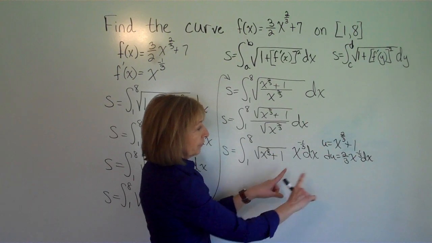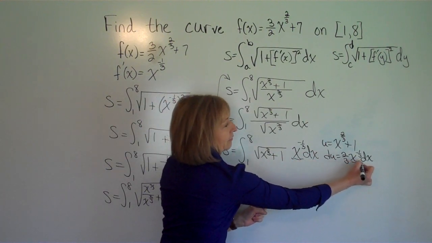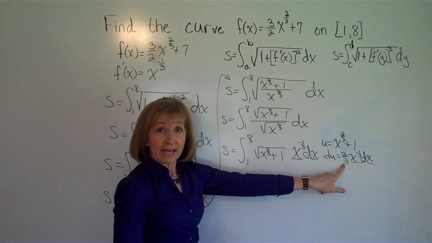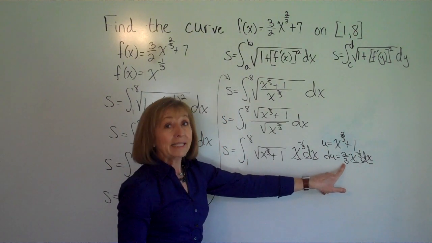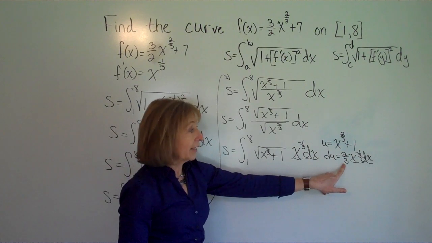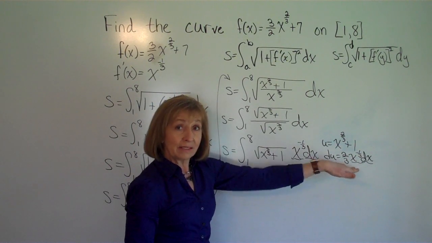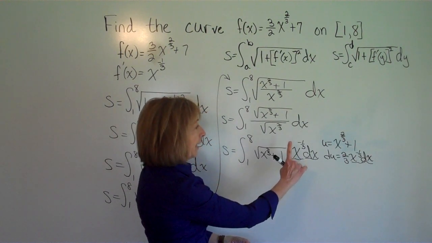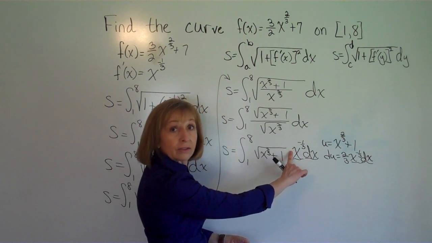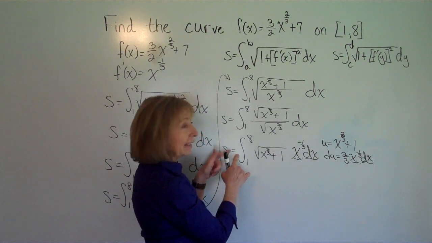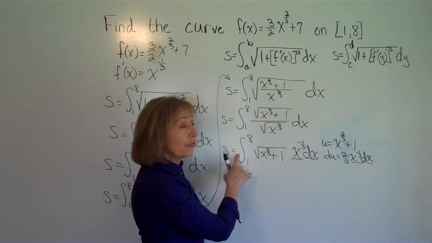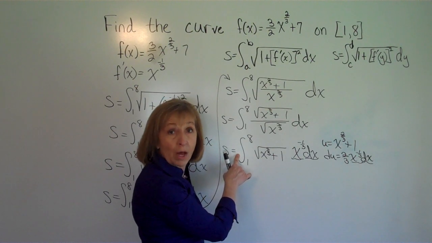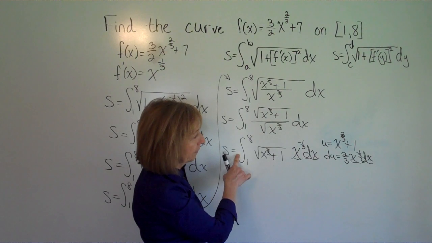So when I look back over here, I've got the x to the negative 1/3. I have the dx. The only part that I don't have is a 2/3. Now we can handle this one of two ways. I could either divide both sides of this by 2/3 so I get the replacement, or I can put a 2/3 here so that it matches that, and then compensate by multiplying by a 3/2 outside the integral, because 2/3 times 3/2 is just 1, so I haven't really changed the expression.